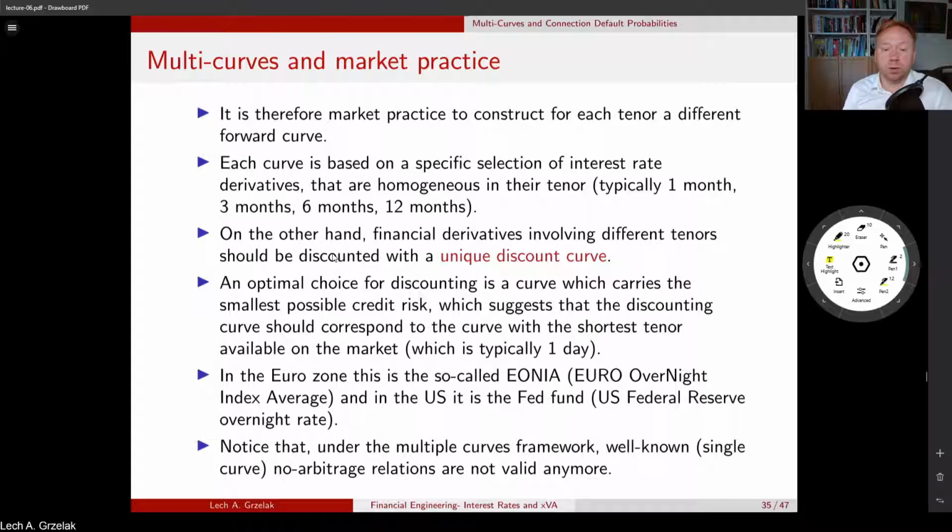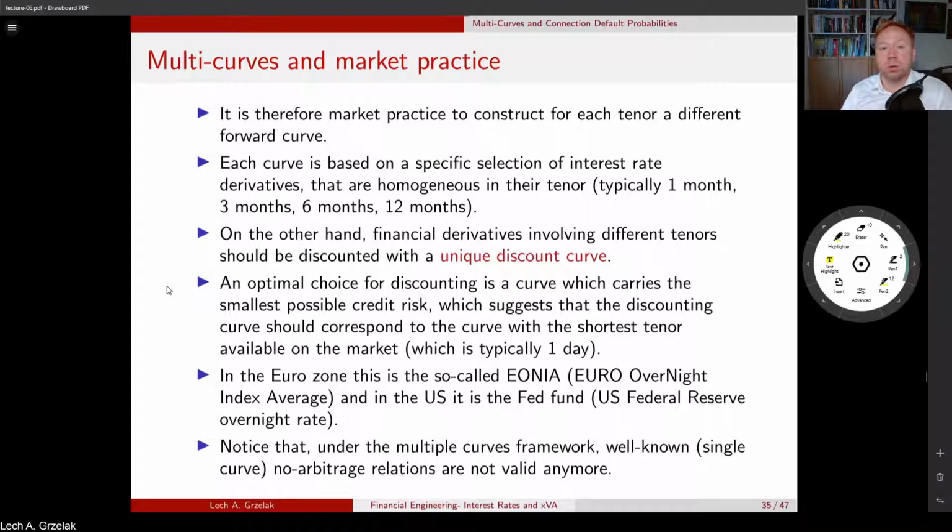So this is what we have here. We have a unique discount curve, which is typically 1 day tenor. And here we have multiple tenors. We already established that. We have tenors of 1 month, 3 months, 6 months, 12 months, even up to years. A possible and optimal choice for discounting is a curve which carries the least possible credit risk.